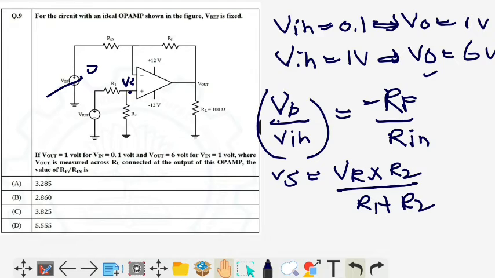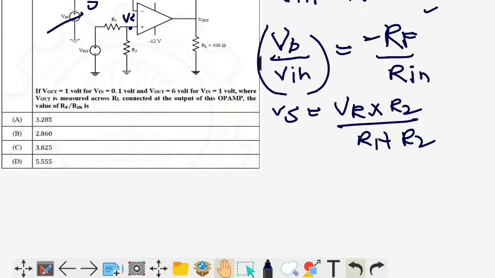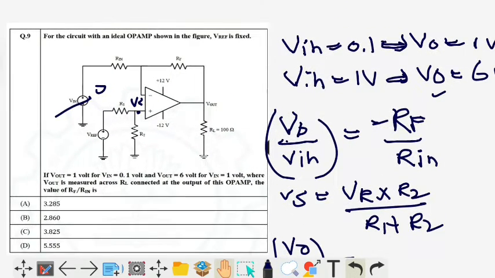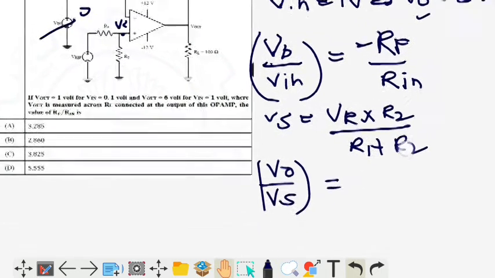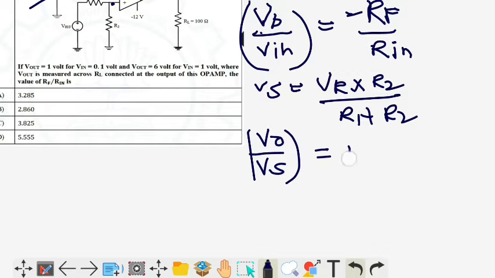So what is the voltage gain here? That is Vout by Vs, and we know it becomes the standard again, that is 1 plus Rf by Rin.